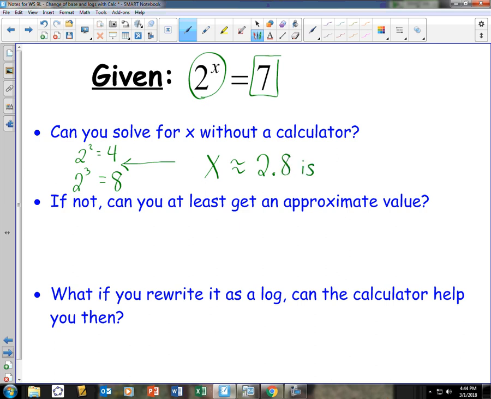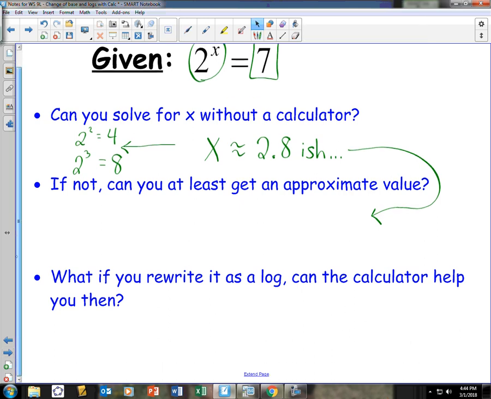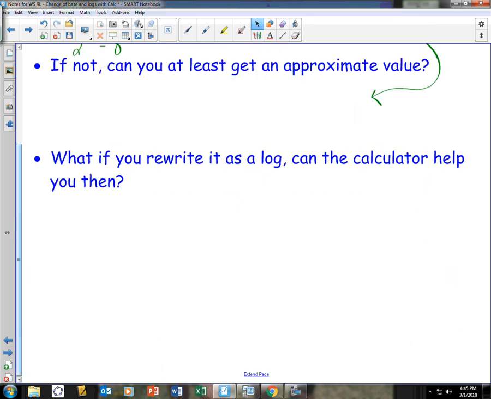Now, there's our approximate value. Without a calculator, all I can do is get an approximate value. But if I take this and I rewrite it as a log, then I can actually use my calculator. So if I've got 2 to the power of x and it equals 7, I can rewrite this as a log. Here are my 3 different pieces.